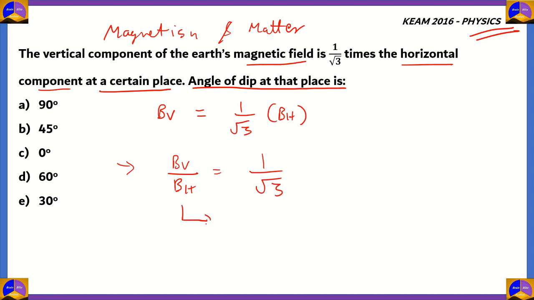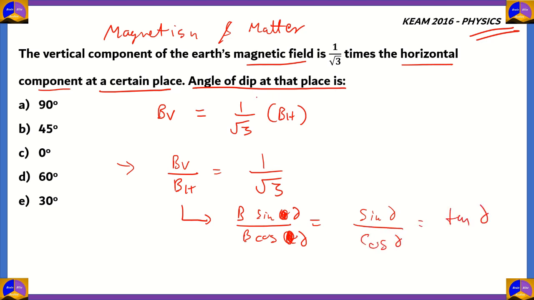Now, the vertical component divided by the horizontal component is basically B sine delta divided by B cos delta, which equals sine delta by cos delta, which is equal to tan delta, where delta is the angle of dip.